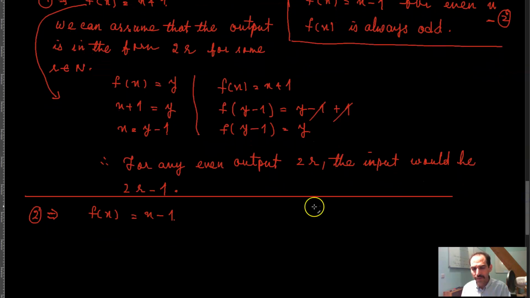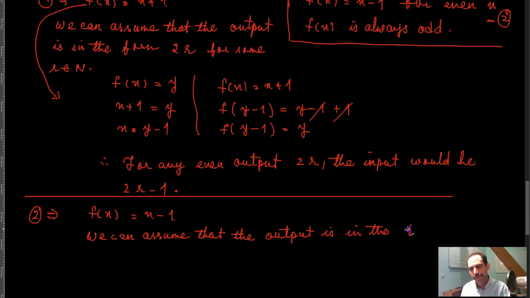So since the output is always odd, again we can assume that the output is in the form 2r plus 1 for some r belonging to the set of natural numbers.